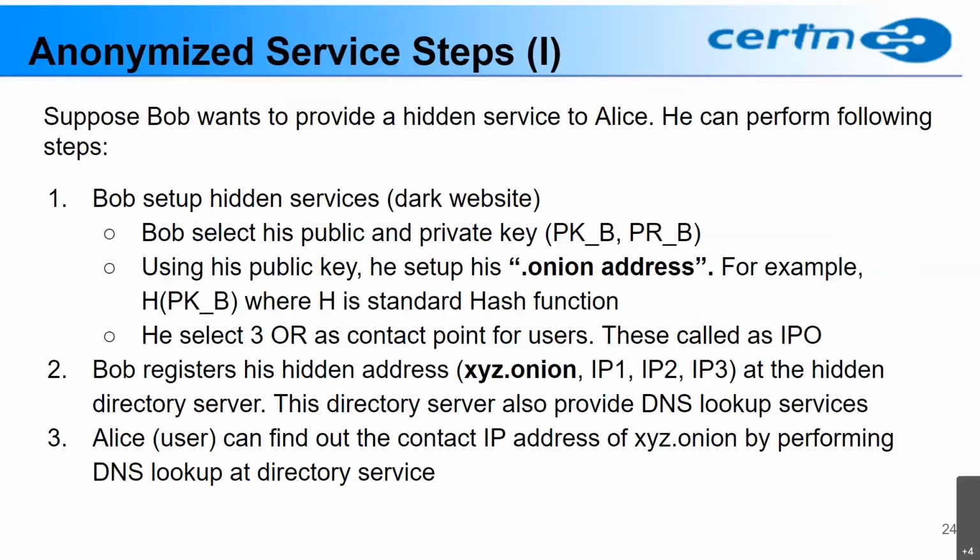Then the directory server will perform a DNS lookup. It has some DNS server running, using which it will provide the list of IPs currently being used by these hidden services.